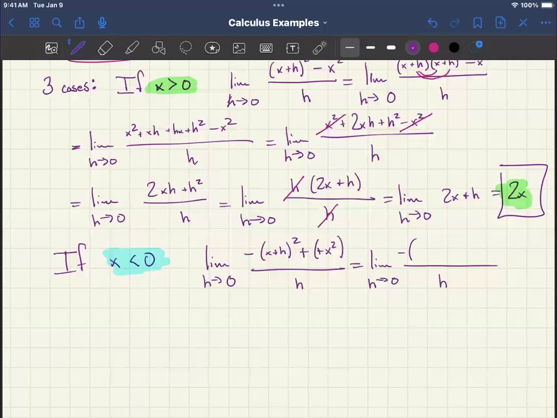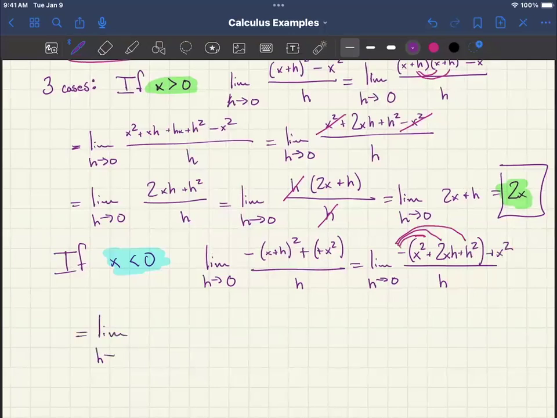Now I'm going to do the middle part here a little bit quicker. We have x plus h quantity squared. We saw that above. That gives us x squared plus 2xh plus h squared. I'll just pop that in there. And then we want to distribute that negative sign. So remember that negative sign goes out to 3 separate parts here.